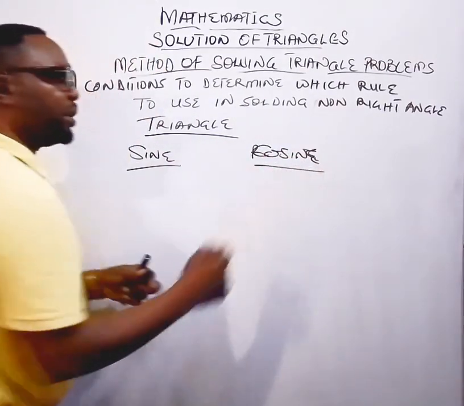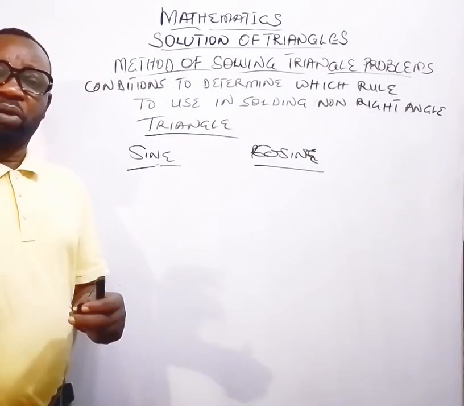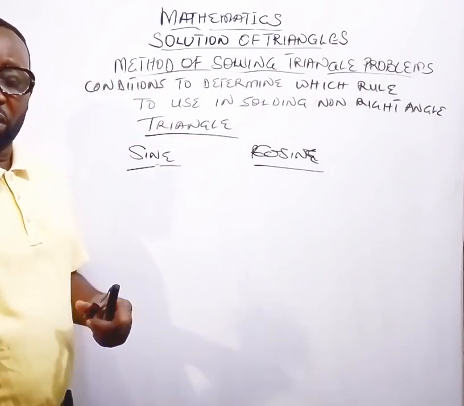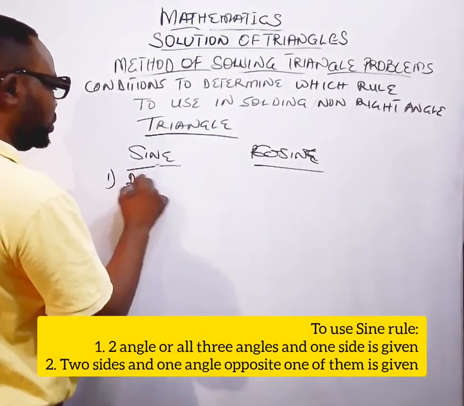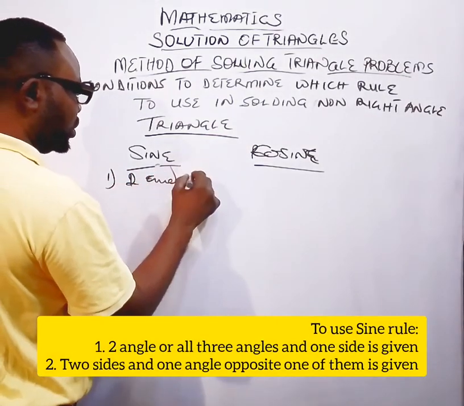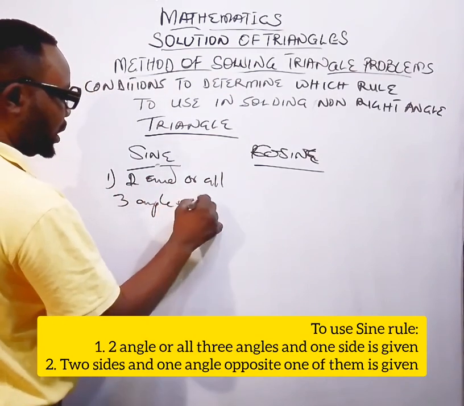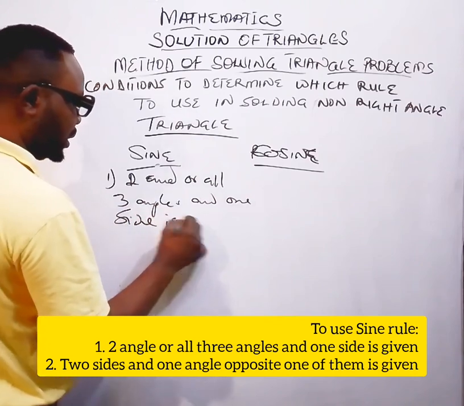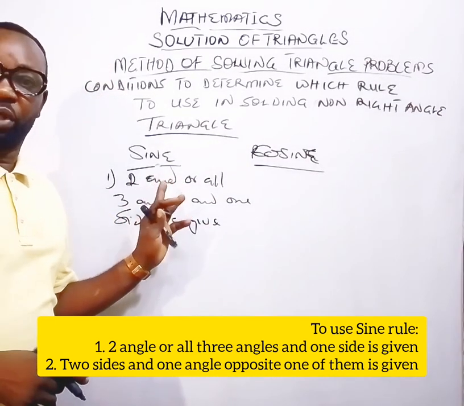For the sine rule, either two angles or all three angles and one side are given. You can make use of the sine rule for that kind of condition.